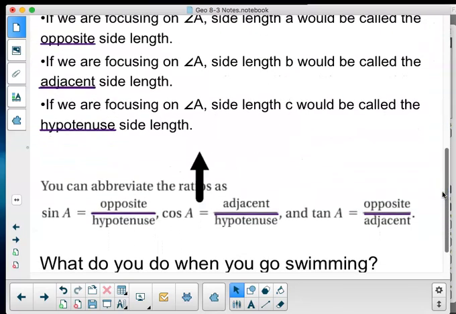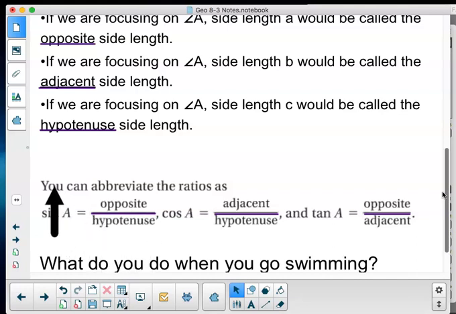Now, you can abbreviate the ratios as sin A, the sine of an angle. Now this represents a number. Once they're put together, they stay together. So the sine ratio of A is the opposite over hypotenuse.